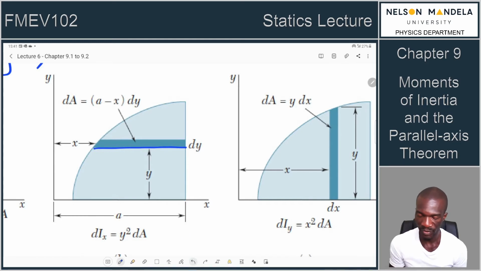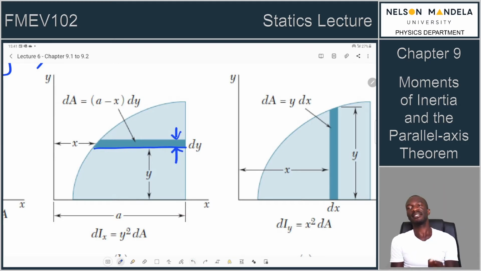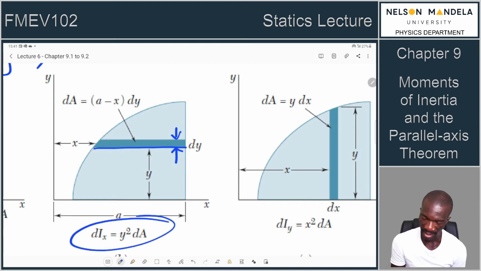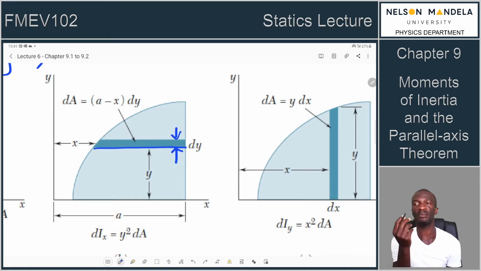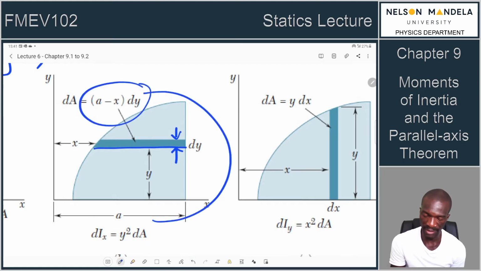So that is the length, which is A minus x. What is the thickness? What is the width? The width is dy. So our dA is A minus x multiplied by dy. Then this is the small contribution of the moment of inertia about the x-axis. It's y squared dA. Then you just take your dA and plug it in there.